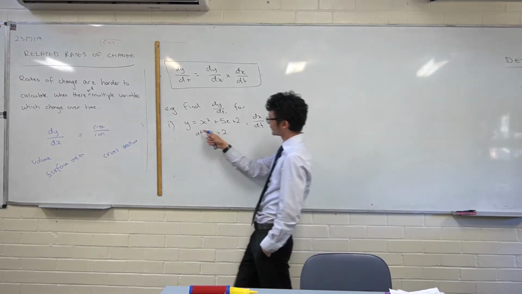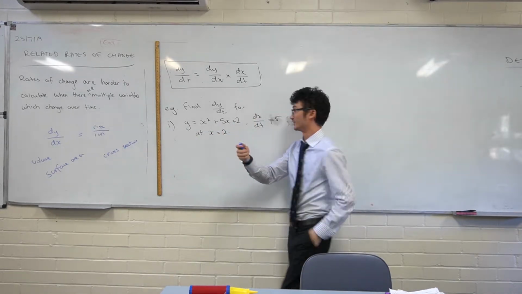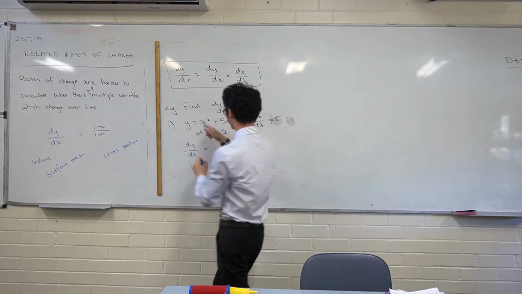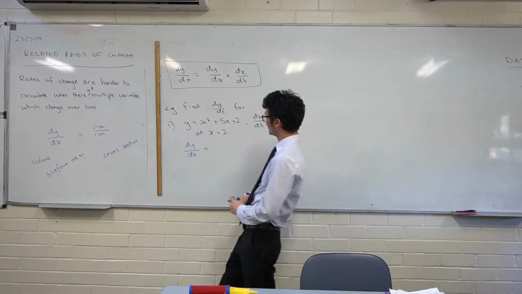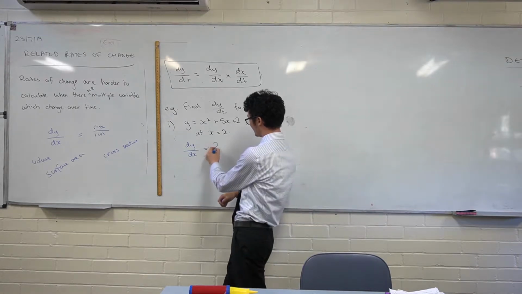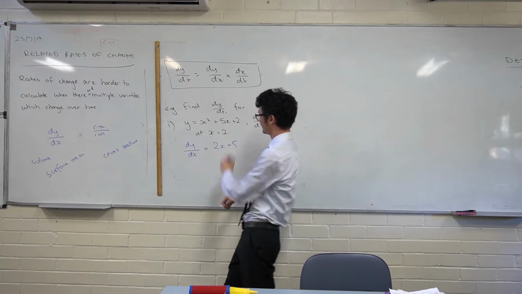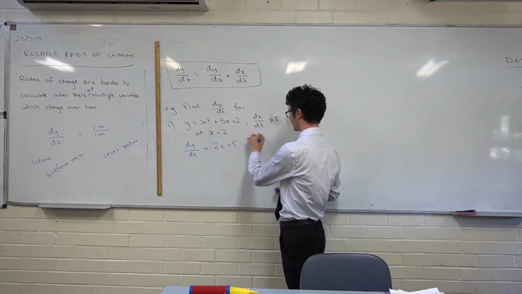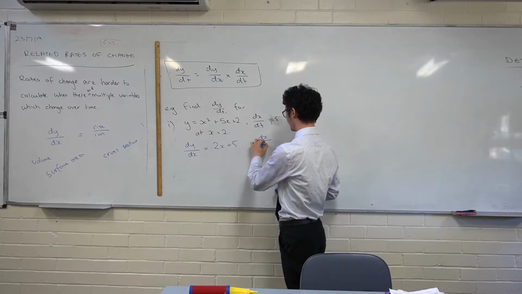So when I'm doing this, I actually do want to find dy dx, funnily enough. So dy dx, what would that be for this one if I take the derivative of this expression? What am I going to get? 2x plus 5, good. And I have another piece here. I've got dx dt. That's equal to 5.